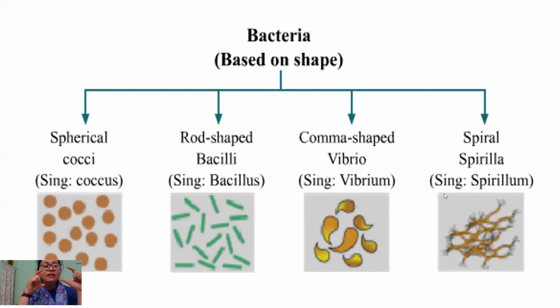It is merely the difference of singular and plural. Remember, based on shape, bacteria are broadly classified into 4 major categories: number one is coccus, second is bacillus, third is Vibrium, fourth is Spirillum. Is it clear?